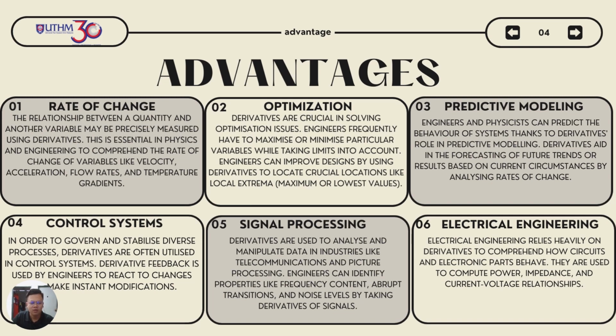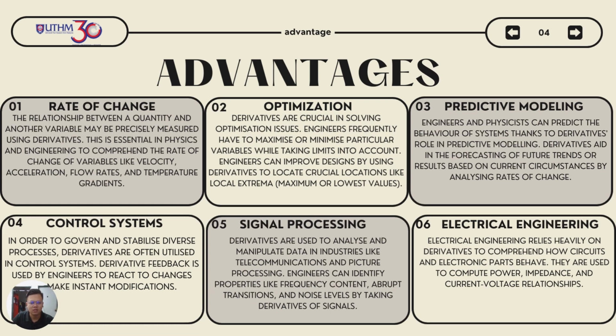The fourth is control system. In order to govern and stabilize processes, derivatives are often utilized in control systems. Derivative feedback is used by engineers to react to change and make instant modifications. Fifth, signal processing. Derivatives are used to analyze and manipulate data in industries like audio and image processing.